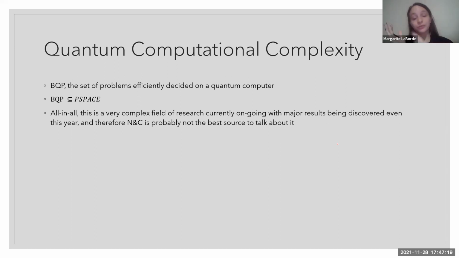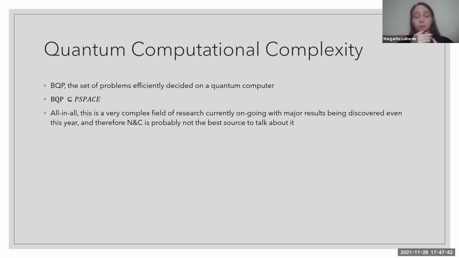So this book is good for many things, but outdated on many other things, and quantum computational complexity is one of those. But suffice to say, there is such a thing as computational complexity for quantum computers. And there are parts where it aligns with classical computation. There are parts where it's slightly different.